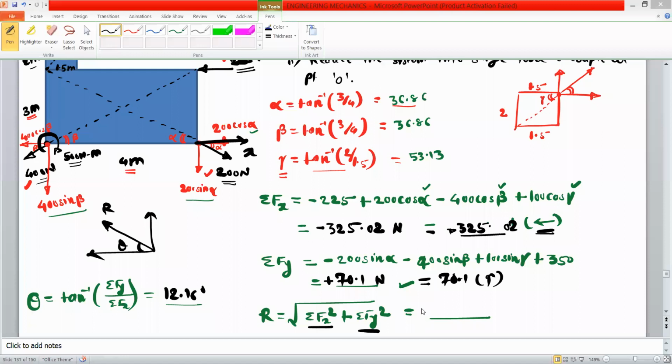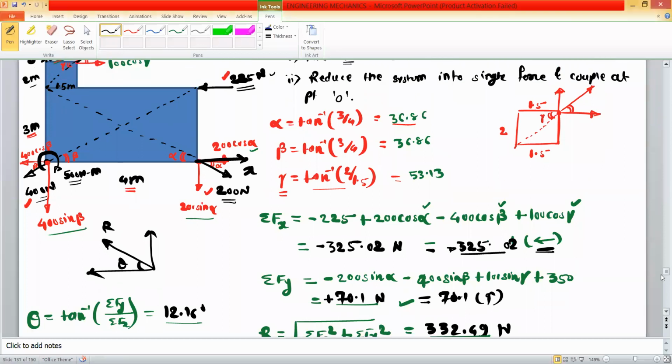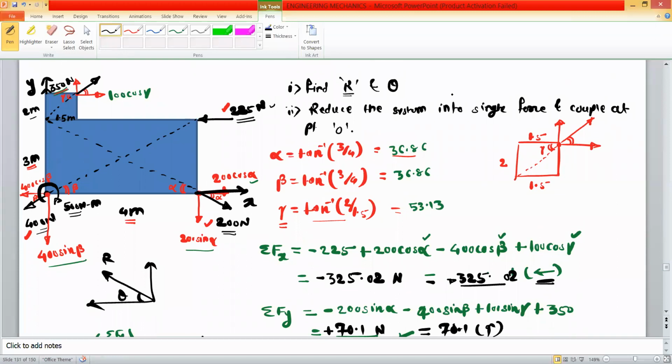And resultant value, it is 332.49 Newton. Okay. So I hope all of you must have got the same answer. So to find out the resultant and its angle, this is the part for the first question.